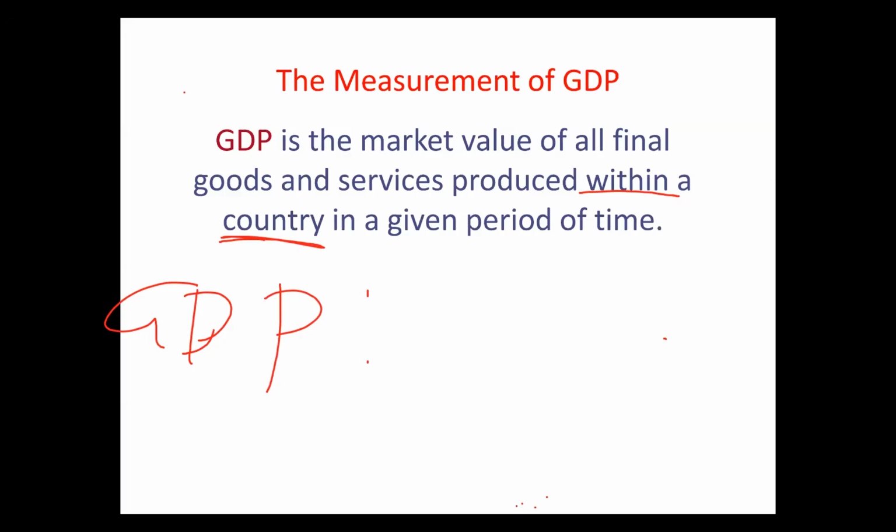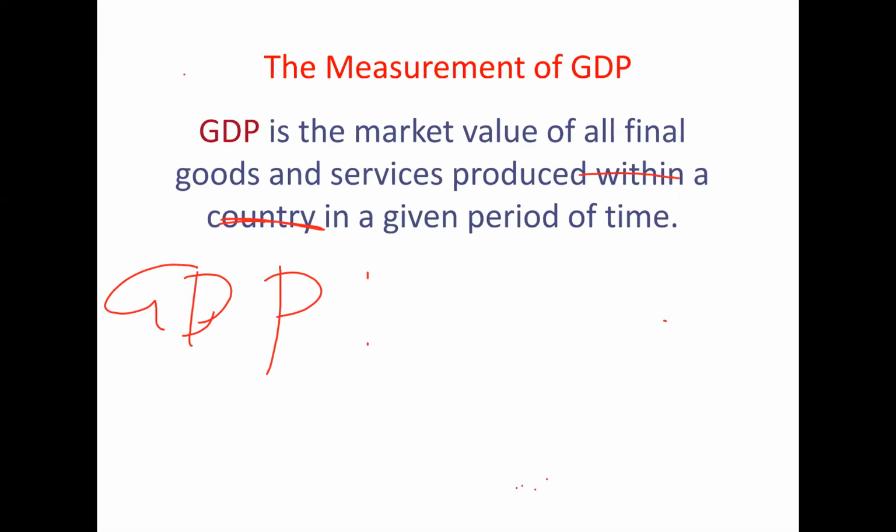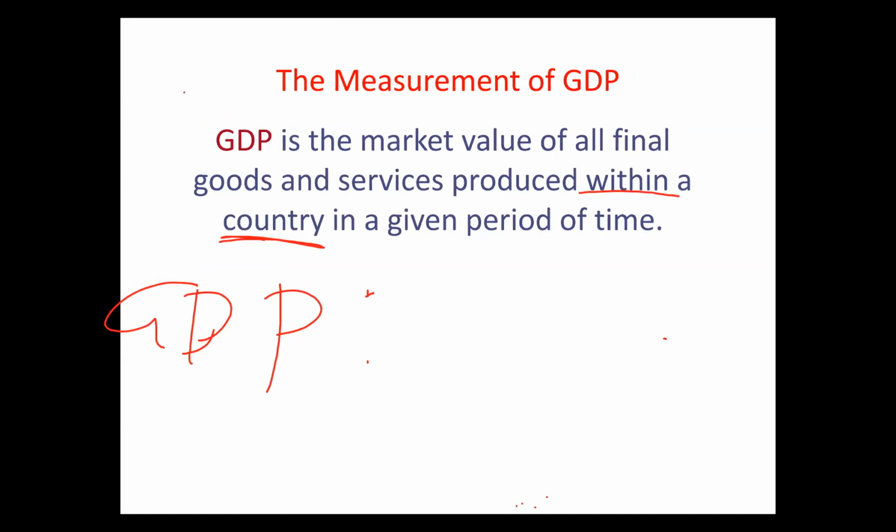This is regardless of who owns a factor of production. In short, it is regardless of who is producing. You will understand that sometimes within the country boundary we have companies that are owned by Chinese or by people from other countries.